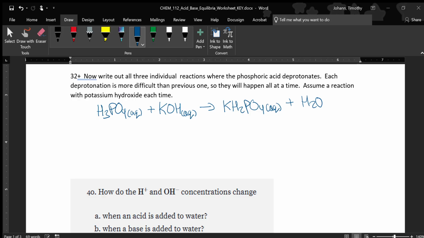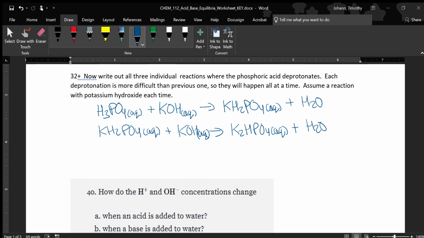Then our KH2PO4 aqueous can react with another KOH. KOH is still a strong base, so then we're going to get K2HPO4 aqueous plus another water.